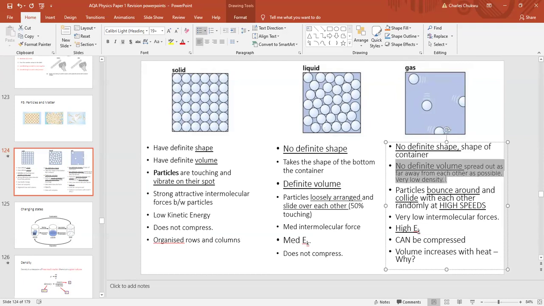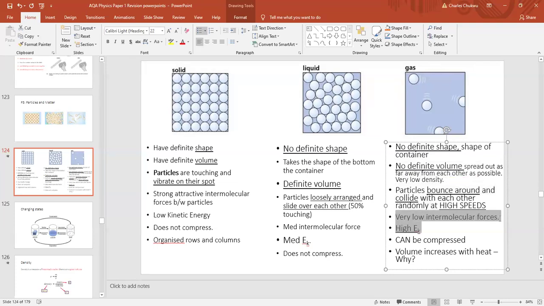Very low density, very, very low density, thanks to the volume just going really large. Particles bounce around and collide with each other randomly at high speed. Okay, that's what happens. That's peculiar to gases.